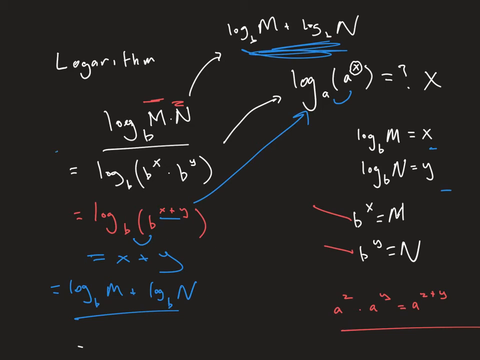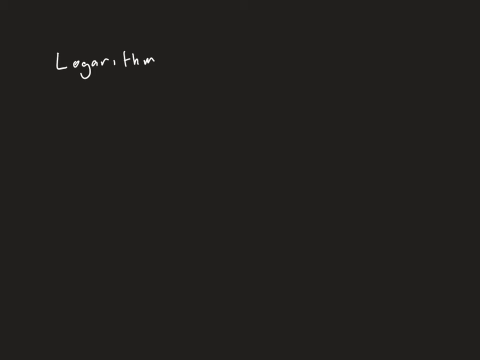And now let's look at one more property. And for this property, we're actually going to have to use what I just erased, where we have log base b of b to some power, let's say x, equals x. So we're going to use that to prove this cool property.